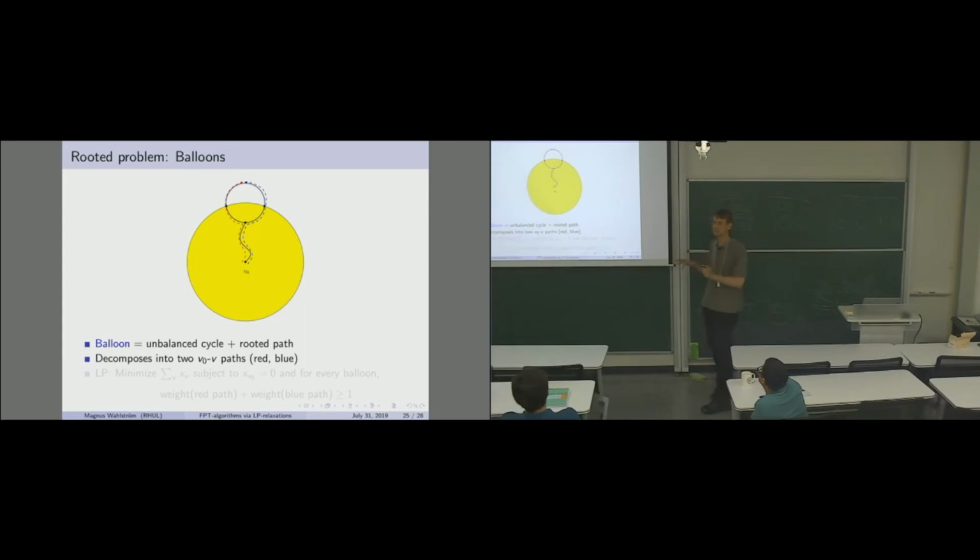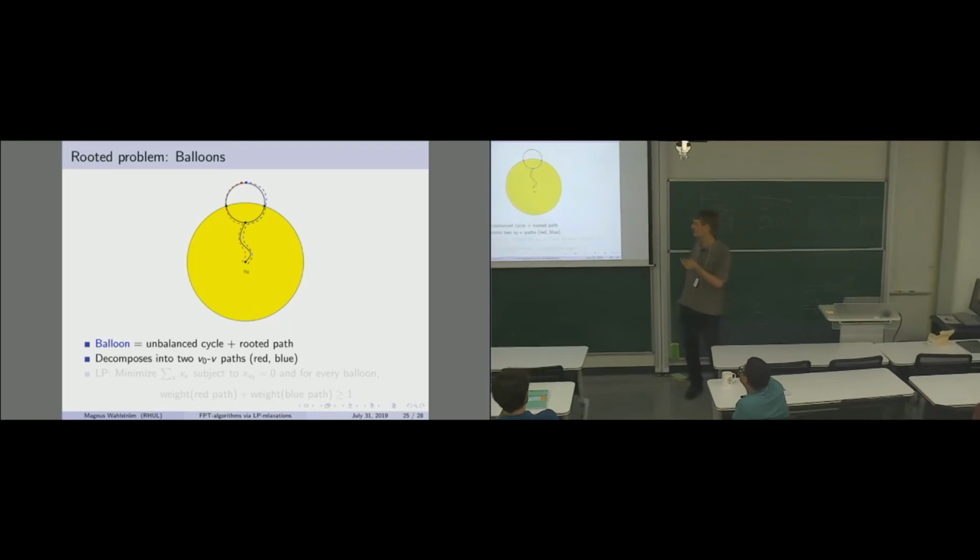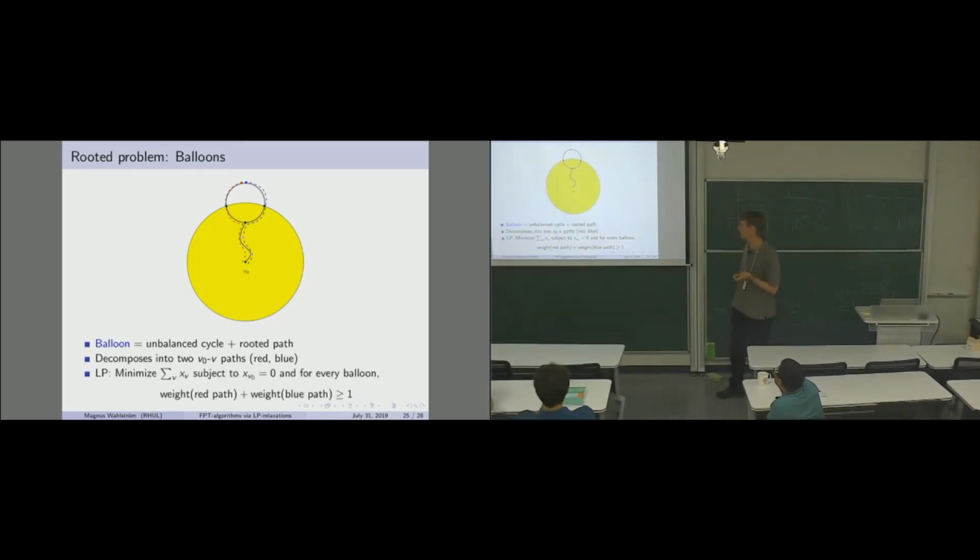where in terms of the LP, you break this balloon into two paths, the red and the blue, and the sum of vertex values along the red path plus vertex values along the blue path sums to at least 1.